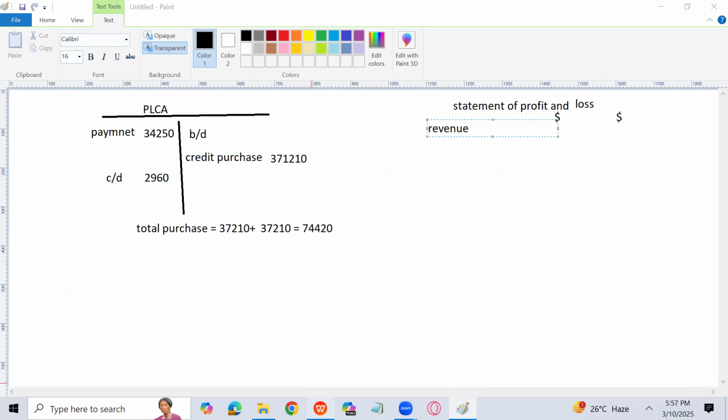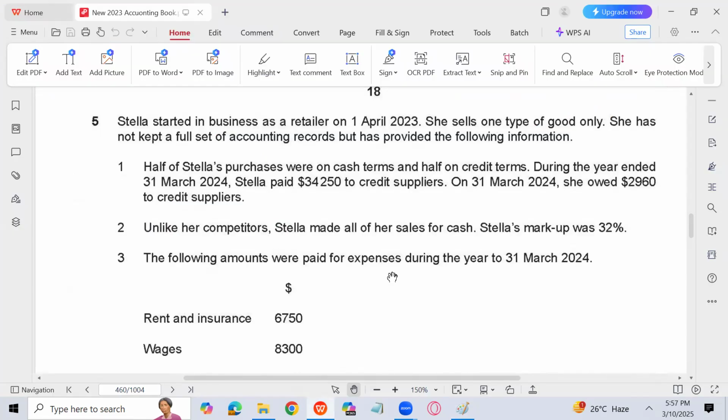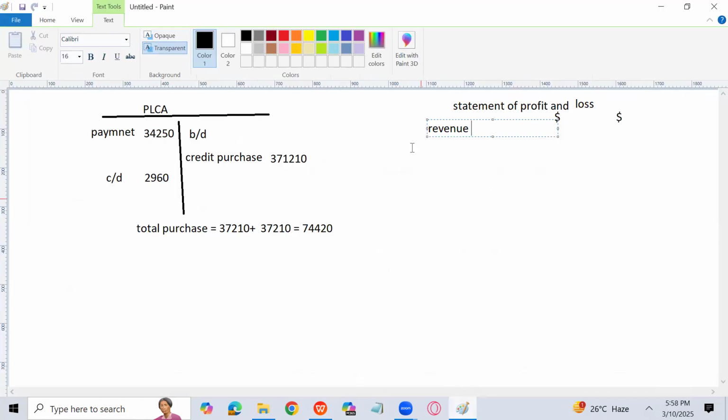For revenue, all the sales are for cash, and Stella's markup was 32%. There is no credit sales. All the sales are basically for cash.